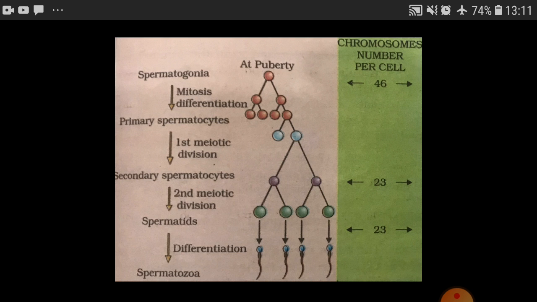The spermatids are transformed into spermatozoa or sperms by another process which is known as spermiogenesis. After spermiogenesis, sperm heads become embedded in the Sertoli cells and are finally released from the seminiferous tubules by the process of spermiation.